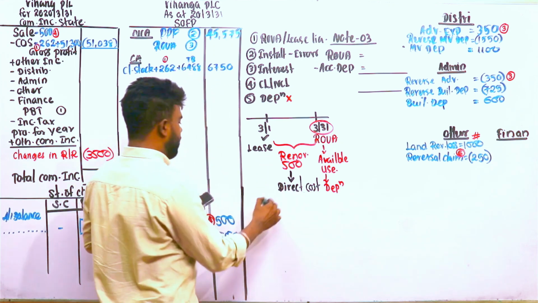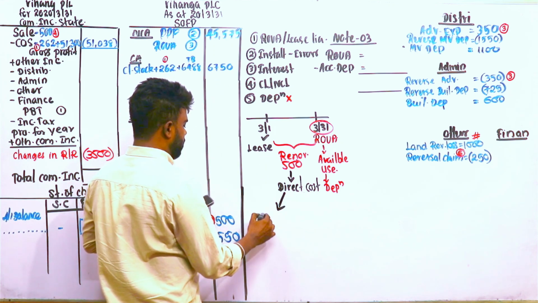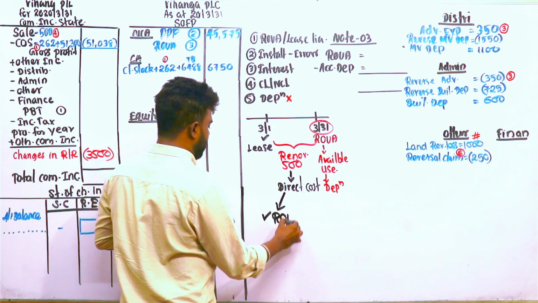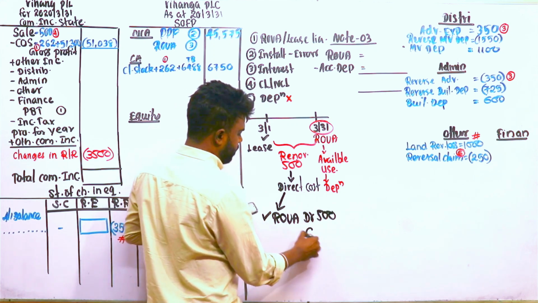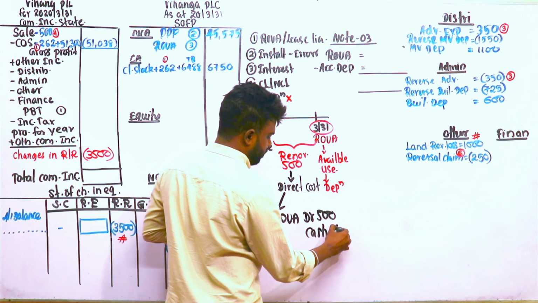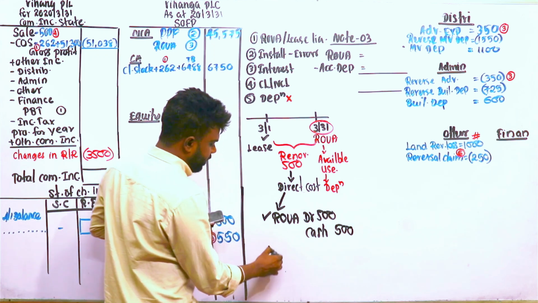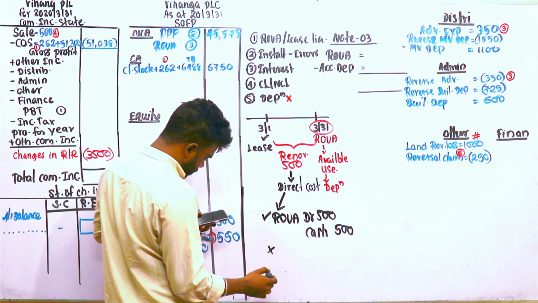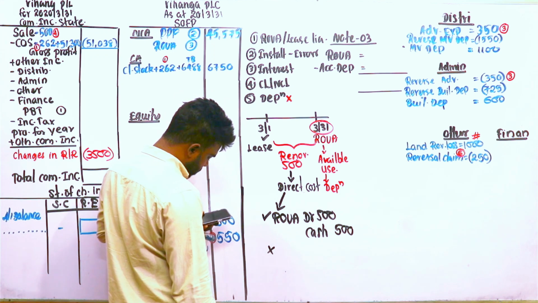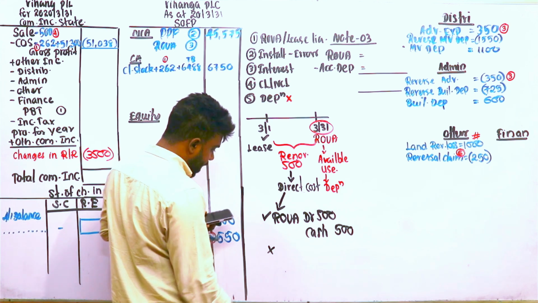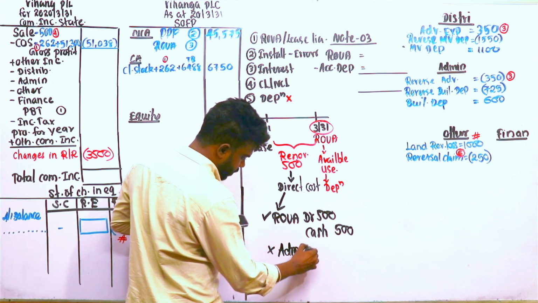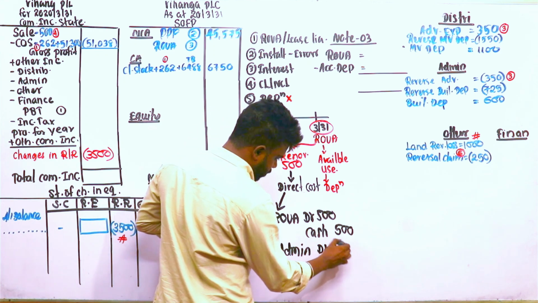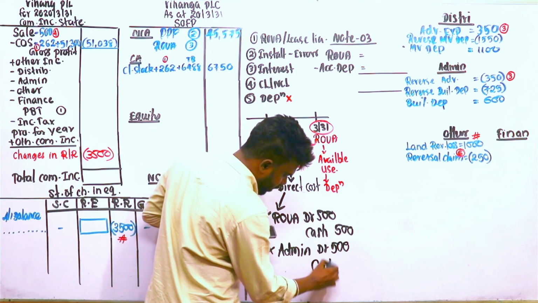So the correct double entry: direct cost debited to right of use asset, 500 credited cash, right? But they have debited to what? It has been debited to administrative expense. 500 cash credit, 500 on error.